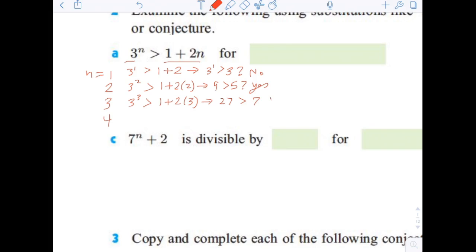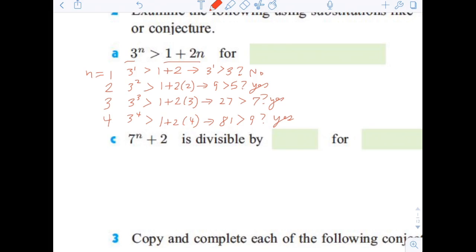So is that true? Yes, it is. Last one. 3 to the fourth is greater than 1 plus 2 times 4. That's equal to 81 is greater than 9. Is that true? Yes.